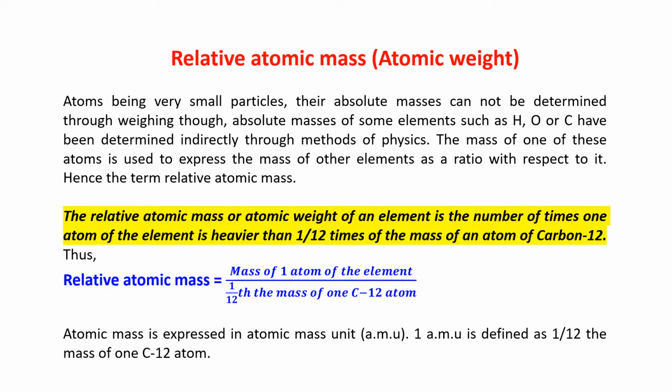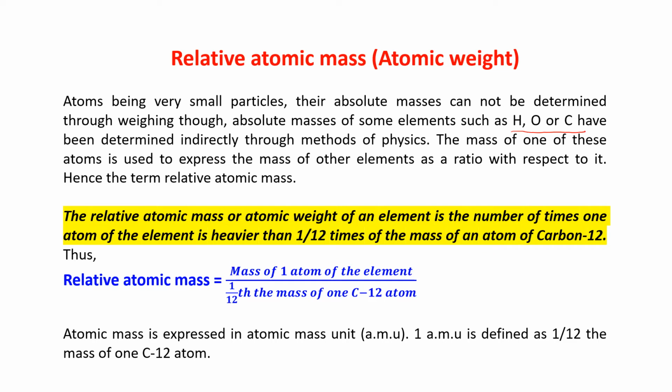So the absolute mass of some elements like hydrogen, oxygen, carbon has been determined indirectly through methods of physics. The mass of one of these atoms is used to express the mass of the other element as a ratio with respect to this hydrogen, oxygen or carbon.